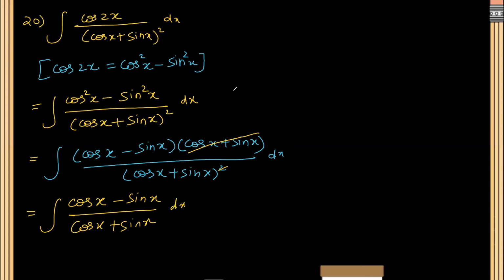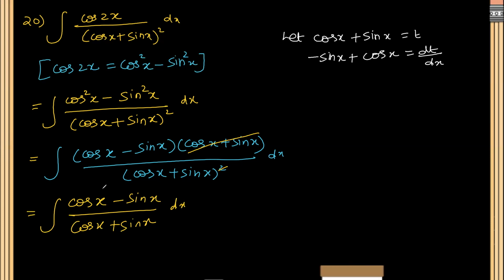Now we make use of the substitution method to solve, taking the denominator part as t. So cos x plus sin x equals t, differentiating both sides with respect to x. Cos x becomes minus sin x, sin x becomes cos x, t becomes dt by dx.